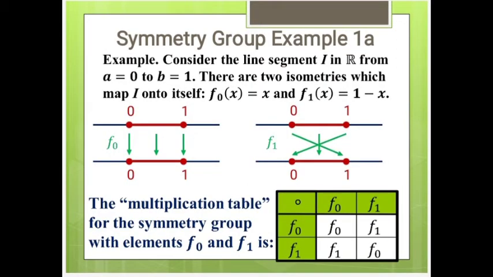Symmetry group example: consider the line segment I in the real numbers from a = 0 to b = 1. There are two isometries which map I onto itself: f sub 0 of x equals x, and f sub 1 of x equals 1 minus x.